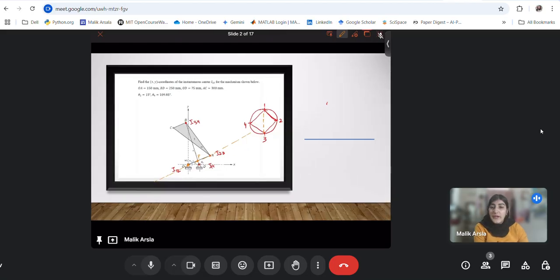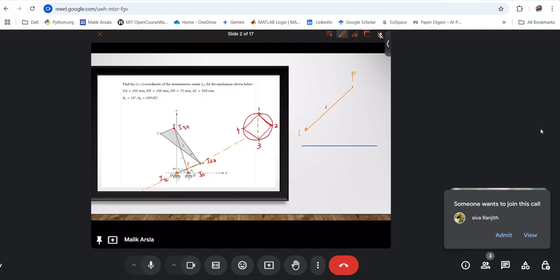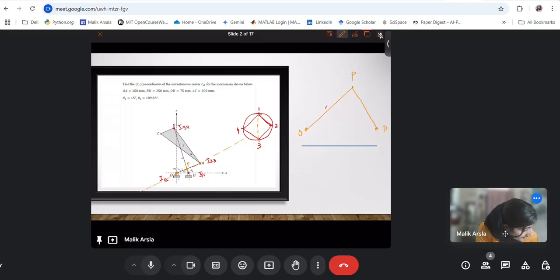Now we have this point P and we need to find the coordinates of the point. So let me draw this at a bigger scale. So this is my point P, this is my point O, and this is point D, right?